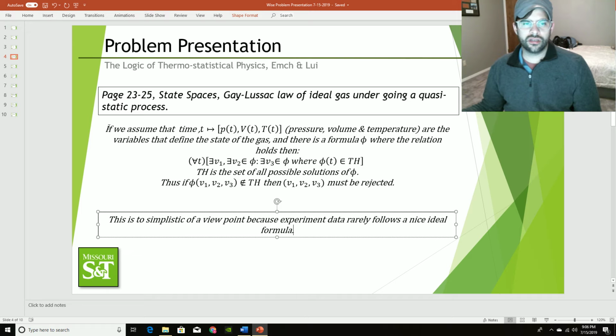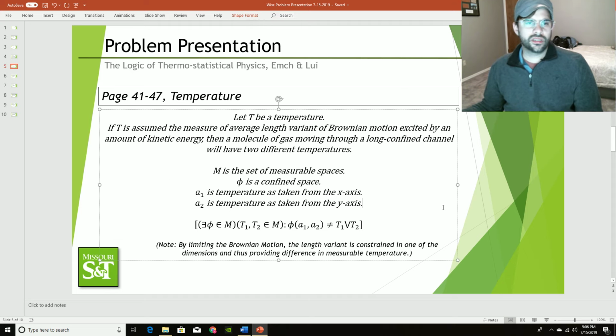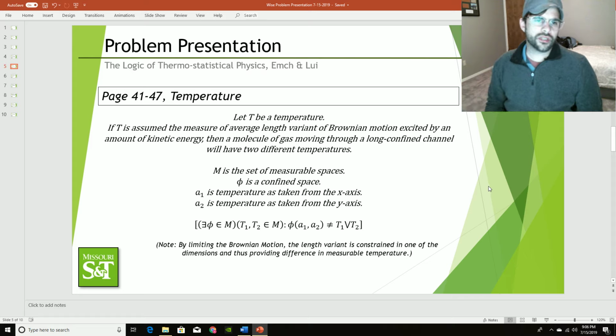Yes, you can impose this logic on there, but when you actually take it into the real world, this needs to be modified slightly so that you have some idea about maybe a range of values you can get, and maybe that range of values is just outside this set of all possible solutions for your ideal gas law. So, okay. The next one is from pages 41 through 47 of the same book.